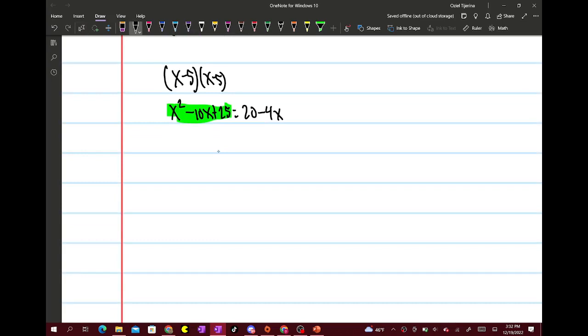And now we're dealing with a quadratic. So then you're going to set this equal to 0. So minus 20 plus 4x, and this will give you x squared minus 6x minus 5, I think.